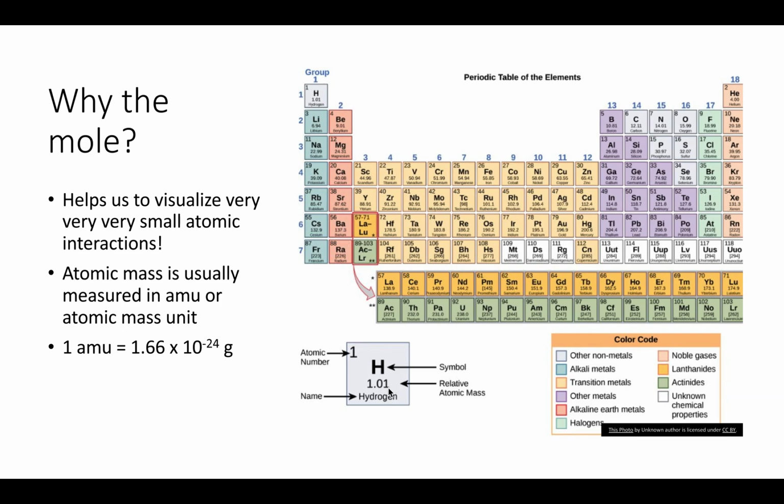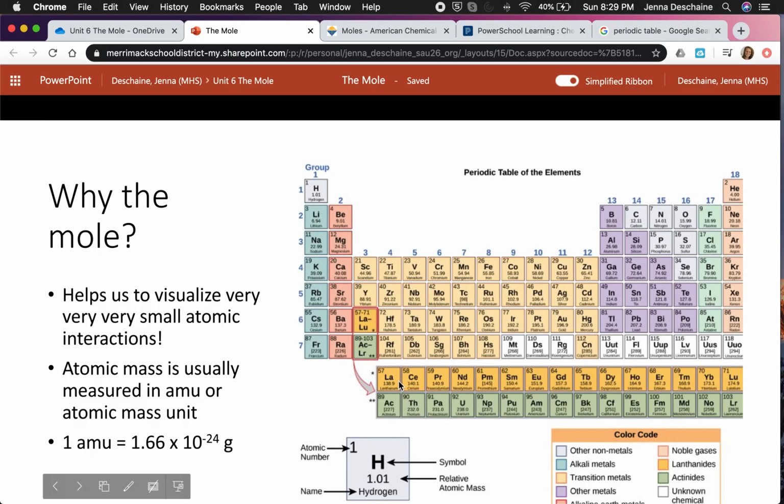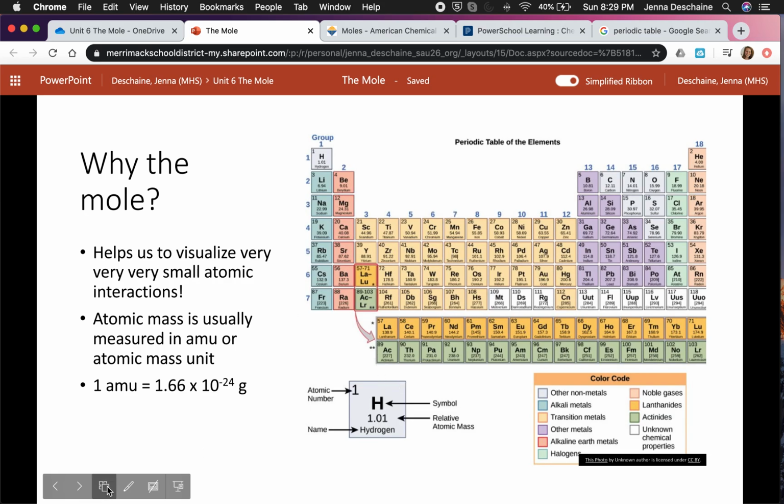So this tells us that one atom of hydrogen weighs 1.01. 1.01 what? Usually measured in atomic mass units, or AMU. So that means that every hydrogen atom on average weighs 1.01 AMU. Remember that is an average that we've learned how to calculate before.